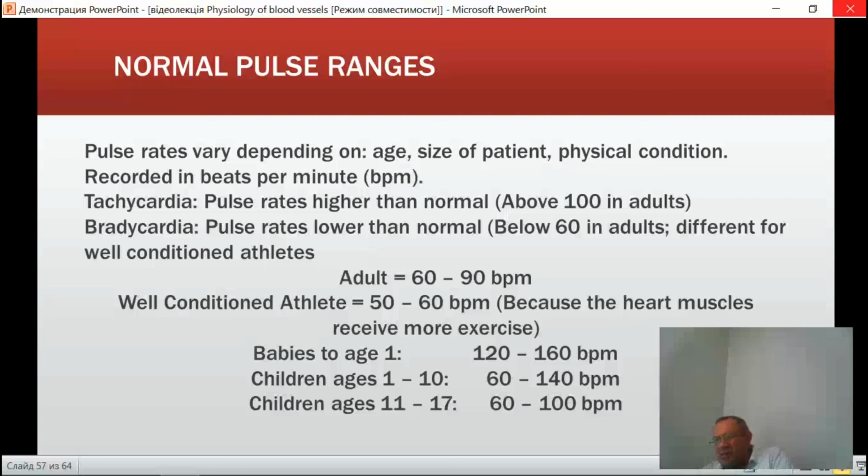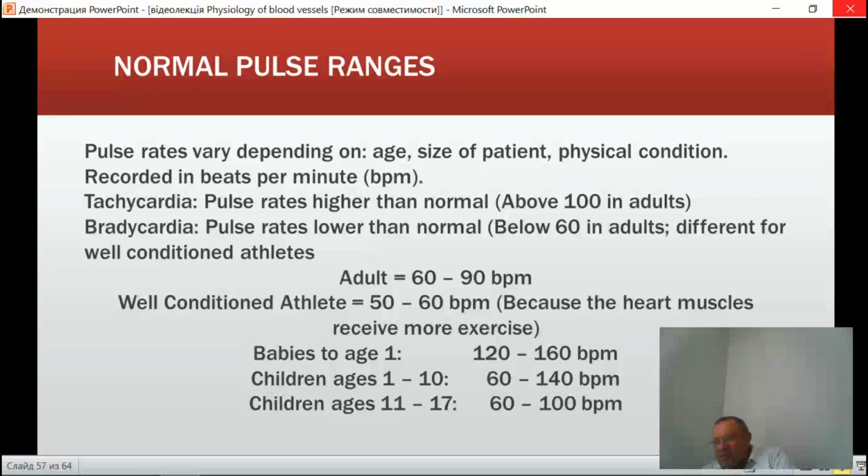The difference for well-conditioned athletes: remember, the normal adult range is from 60 to 90 beats per minute, while well-conditioned athletes have from 50 to 60 beats per minute, because the heart muscle receives more exercise.